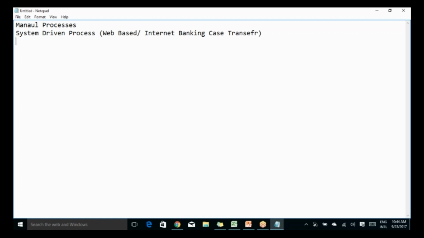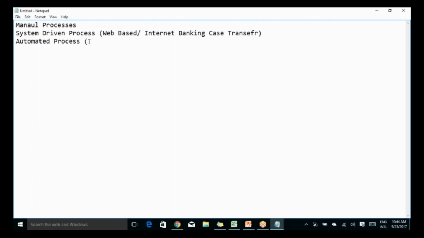Then came an era of automated processes. Let's say you have taken a personal loan from a bank. Earlier, on a particular date you had to do a transfer from your internet banking account, or by physically visiting the bank's branch.